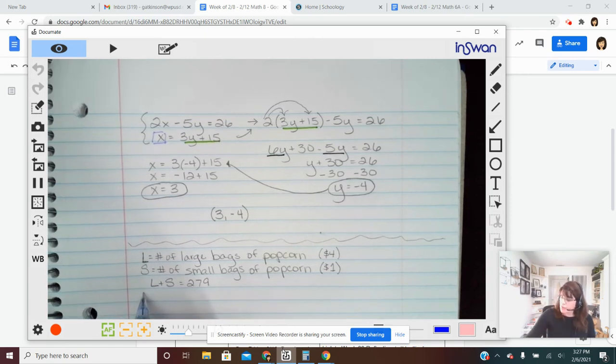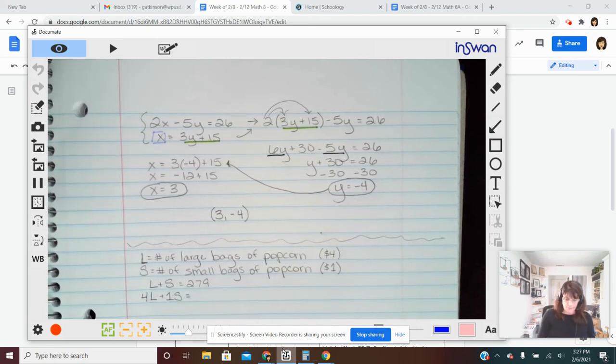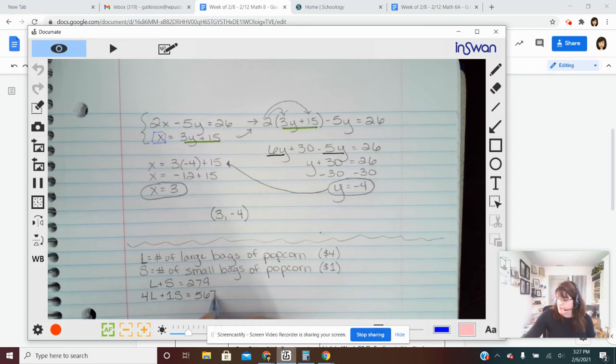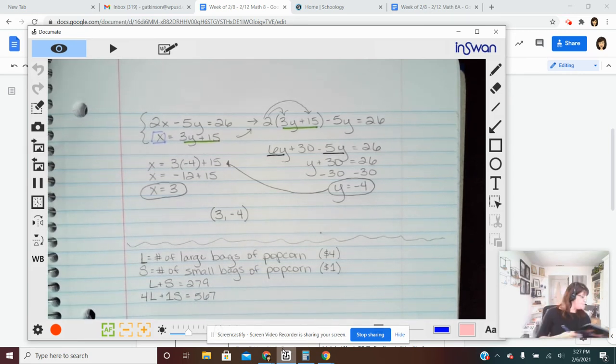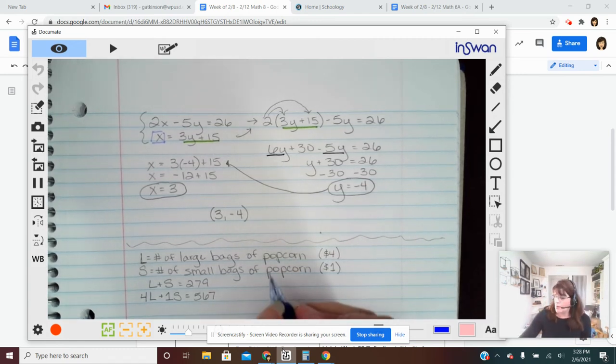So if I sold $4 for every large bag and $1 for every small bag, now we all know that one is not necessary, but I'm going to put it in for now. The total amount of money was $567. Okay.